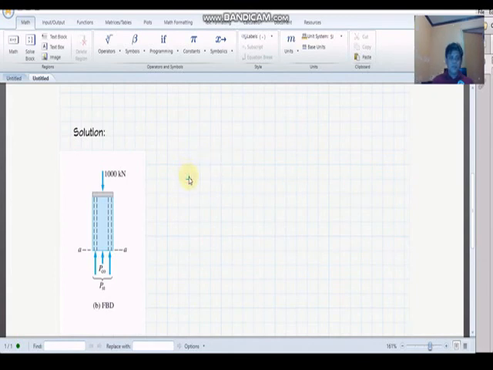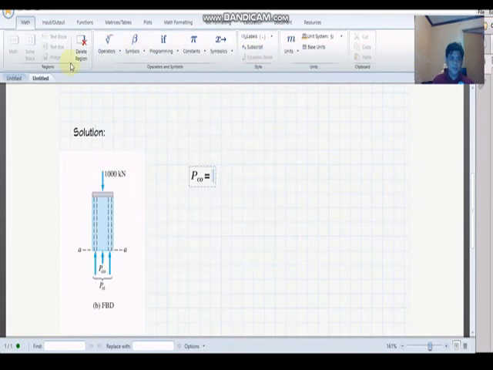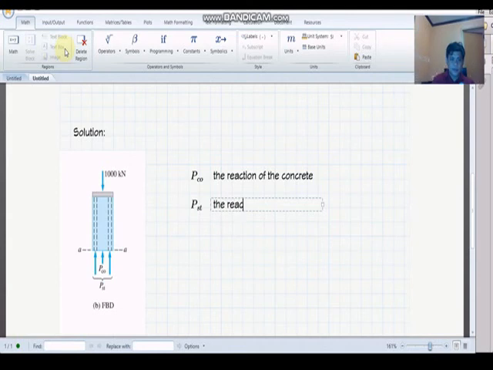So from the figure, we have your PCO. Your PCO is actually the reaction of the concrete, and your PST is actually the reaction of the steel.